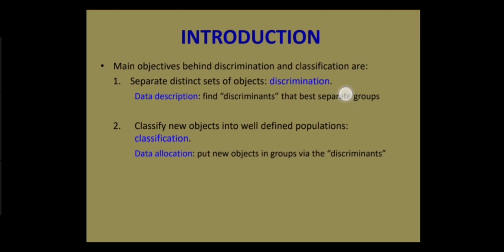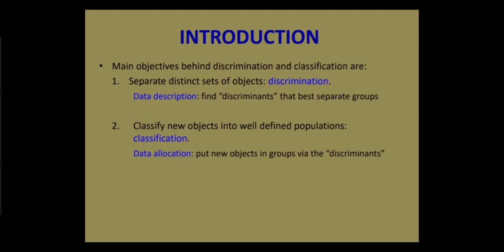Okay, in your textbook, on page 575, there is a longer explanation. If you can see, it is saying that in the discrimination part, to describe the features of the objects or observations from several known populations, we try to find the discriminant so that the collections are separated as much as possible.